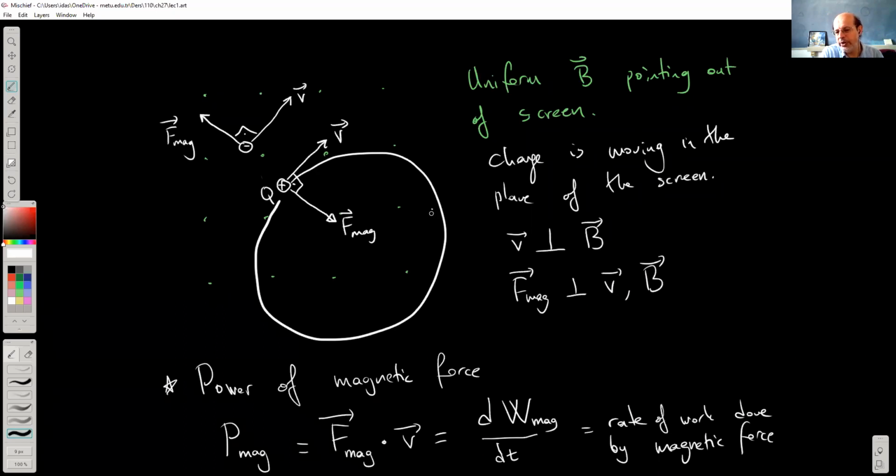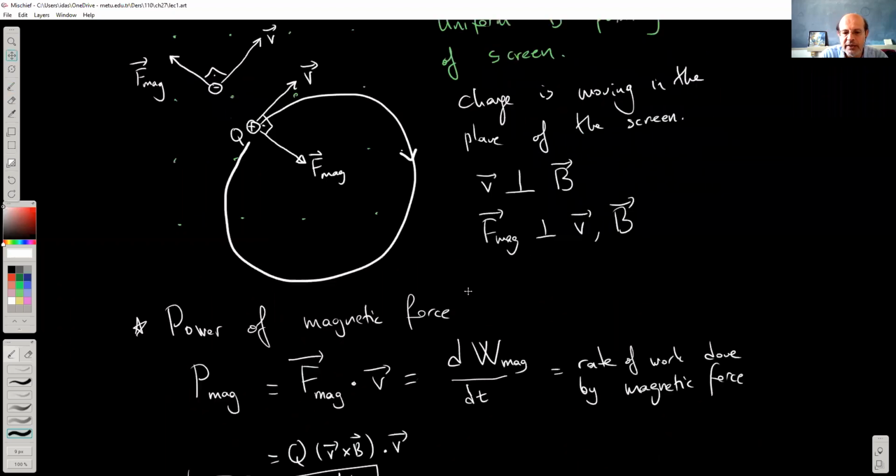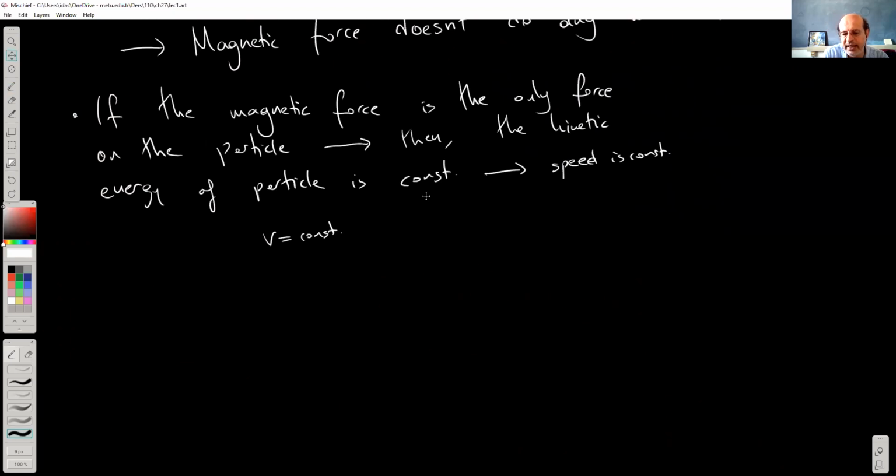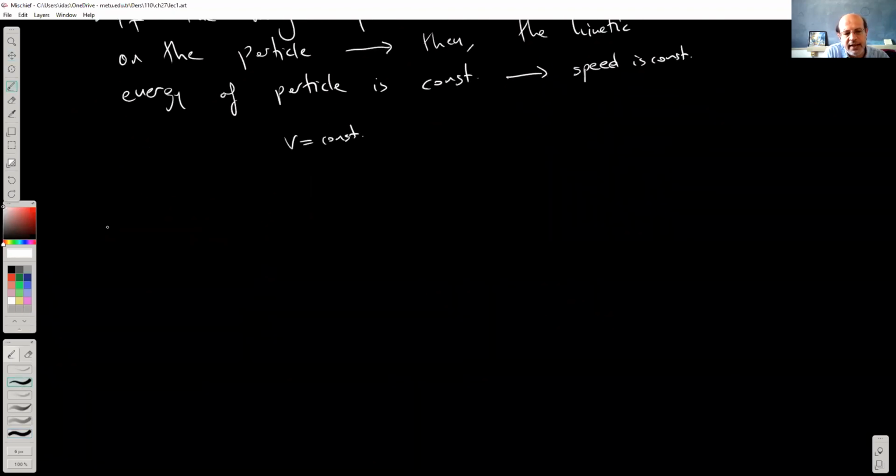So you can easily see that this thing is doing a uniform circular motion with constant speed. So I'm just going to talk about this motion here. That's called the cyclotron motion. I'm going to explain why it is called cyclotron motion.